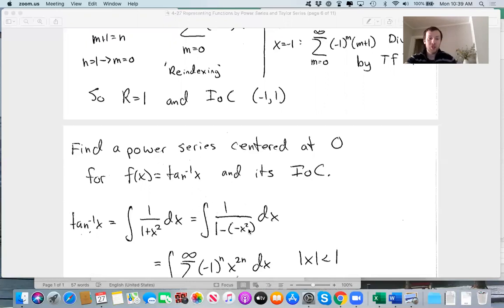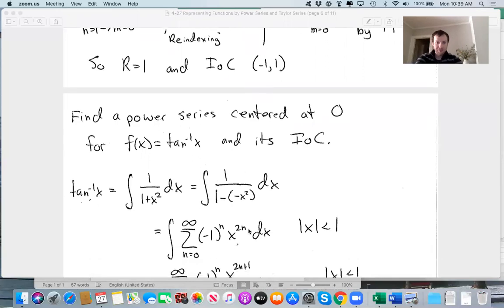So here what we're doing is, we know that this function has this series, because with 1 over 1 minus something, we take that something and substitute it into the x to the n series.